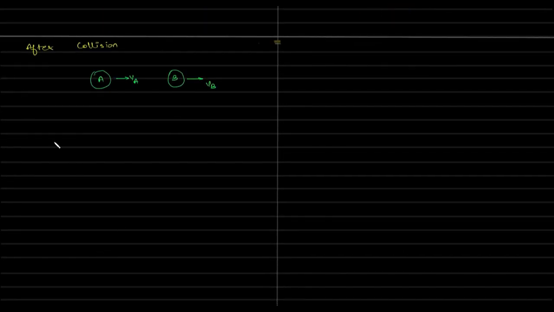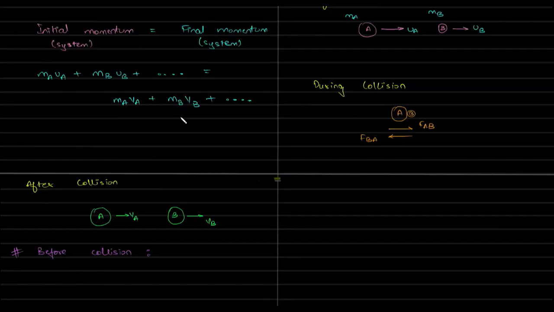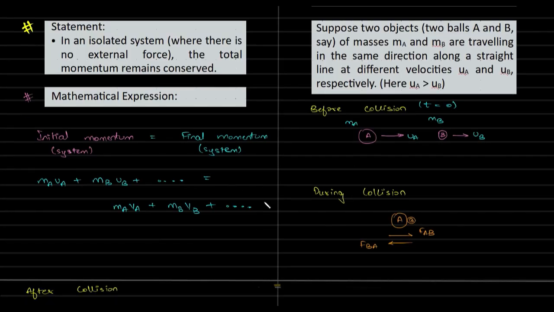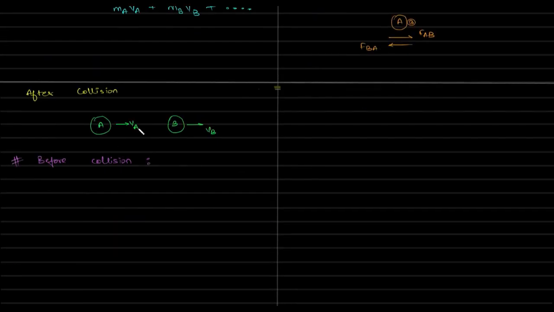Now, mathematically, how will it look? Before collision, the momentum would be what? MA UA and MB UB. After collision, the momentum is MA VA and MB VB. So we need to prove that those are equal.